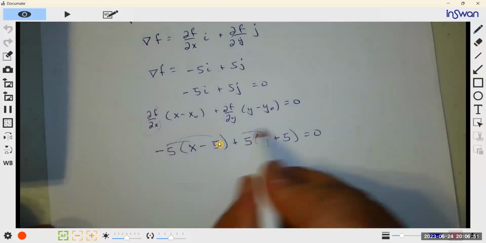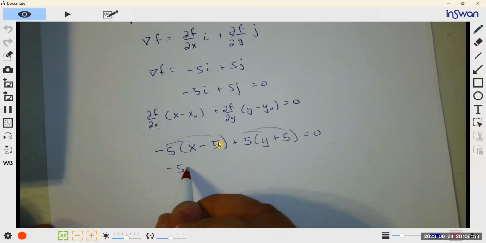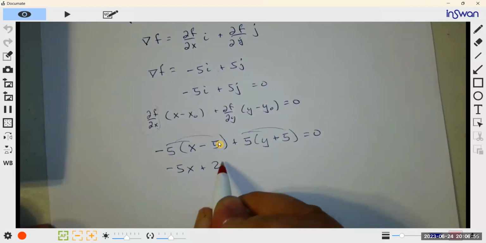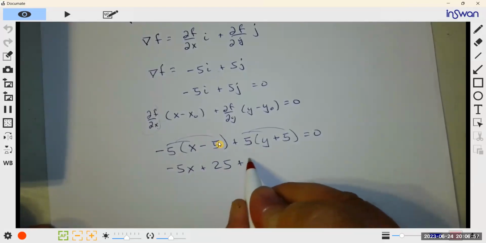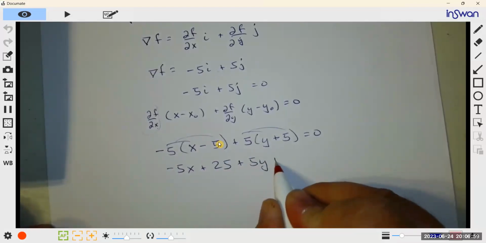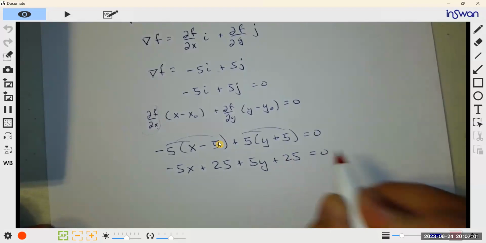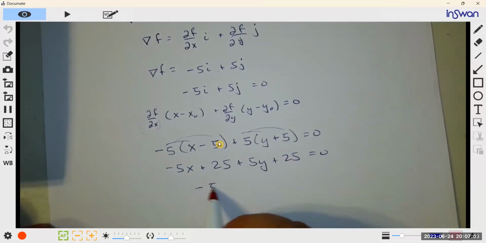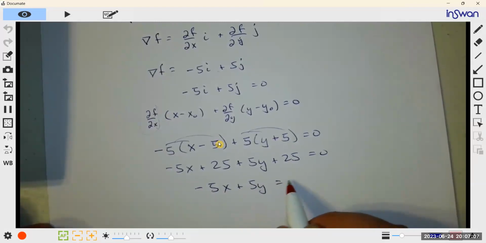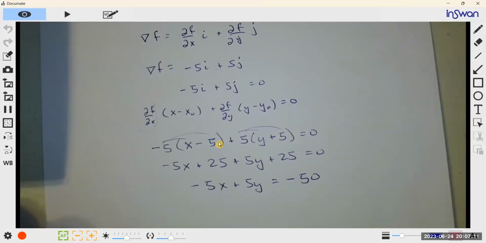Distribute, get rid of the parentheses. So we have negative 5x plus 25 plus 5y plus 25 equals 0. Negative 5x plus 5y equals negative 50. Let's get rid of the 5s.